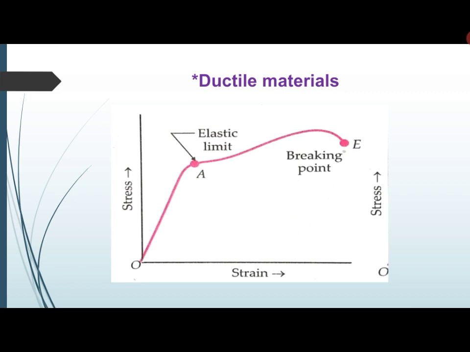Now these materials undergo an irreversible increase in length before breaking. So they can be drawn into thin wires. For example, we have copper, silver, iron, aluminium, etc. So this is the beneficial portion for obtaining the ductile material. The range for a ductile material between the elastic limit and the breaking point should be very large.